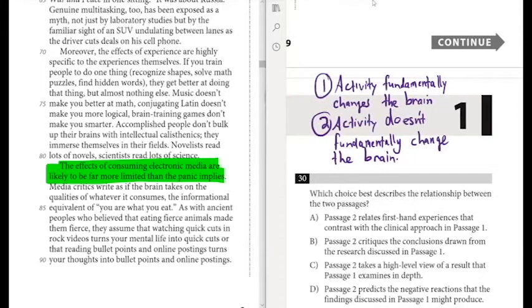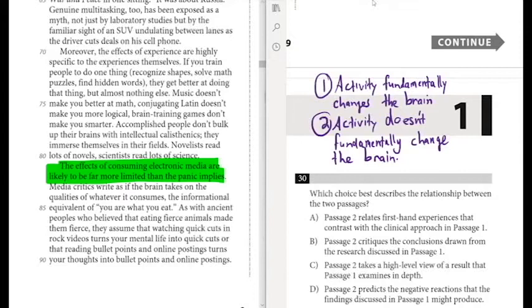Question 30 asks for the relationship between the two passages. So on question 29, we already had taken a stab in our own words at the main idea, the idea that passage 1 says activity fundamentally changes the brain, and passage 2 says activity doesn't fundamentally change the brain. So which answer choice can kind of match that?